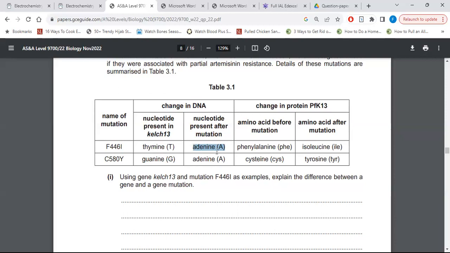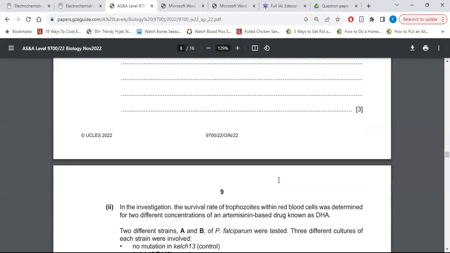You can even use the information from the table that F4461 is the mutation in which thymine is replaced by adenine. As a result, the amino acid is also changed, because in normal protein it's phenylalanine, but after mutation the amino acid is isoleucine. So this changes the structure of the protein. You guys can use examples from over here to make your answer better.